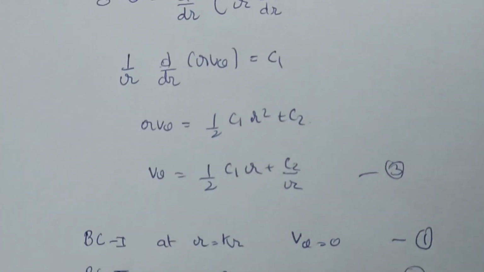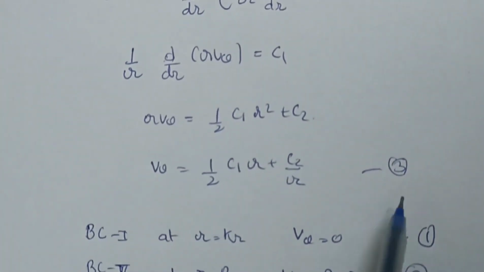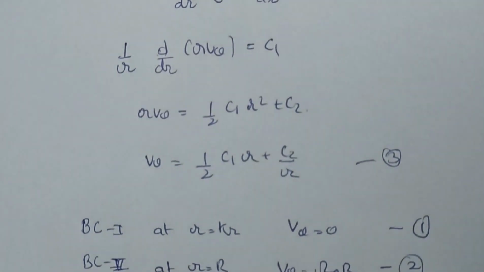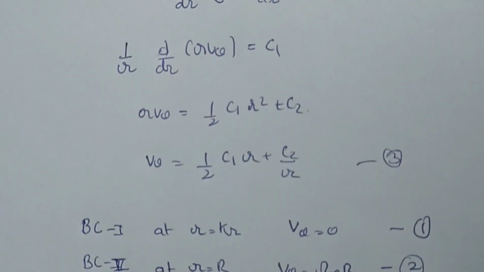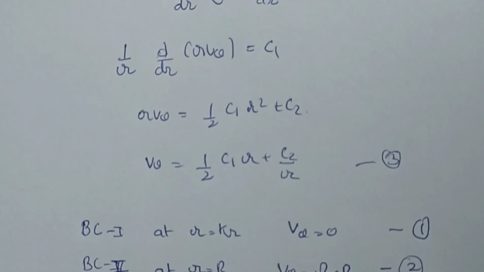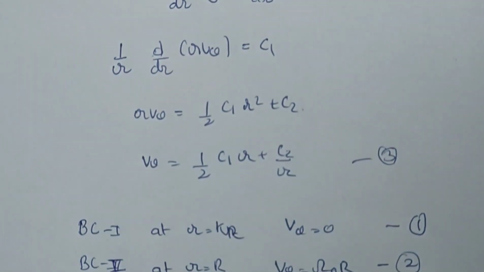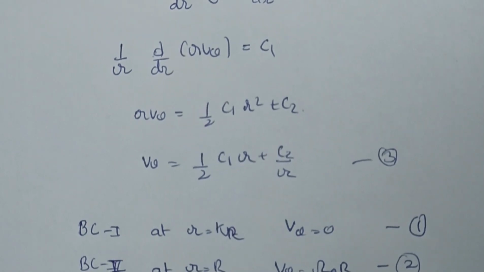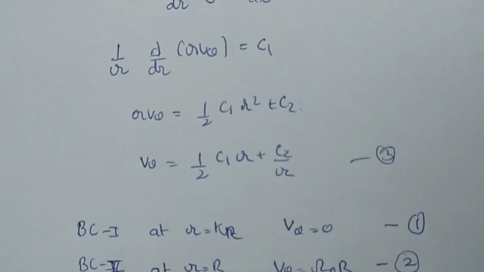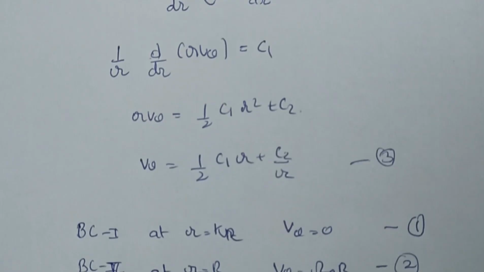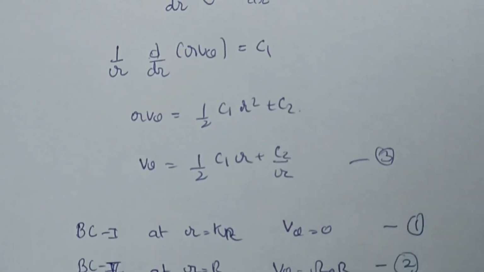Now let's put equation number 1 in equation number 3. We will get 0 is equal to half c1 kappa r plus c2 by kappa r, and let's name it as the fourth equation. Now we will put equation number 2 in equation number 3.